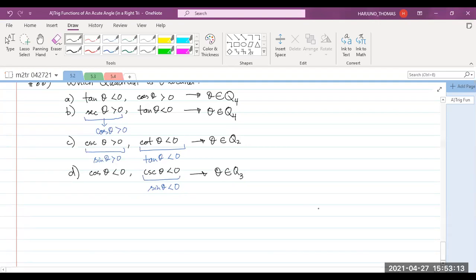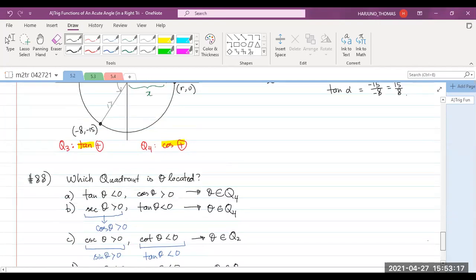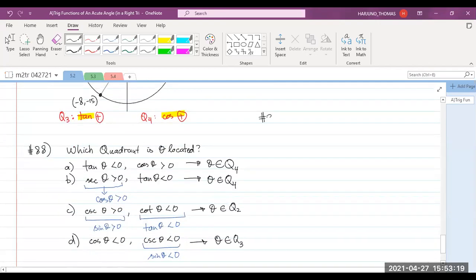Now, how do we use this? How do we use this fact? Number 90. Suppose they tell us that cotangent theta is 3/4 and cosine theta is negative.